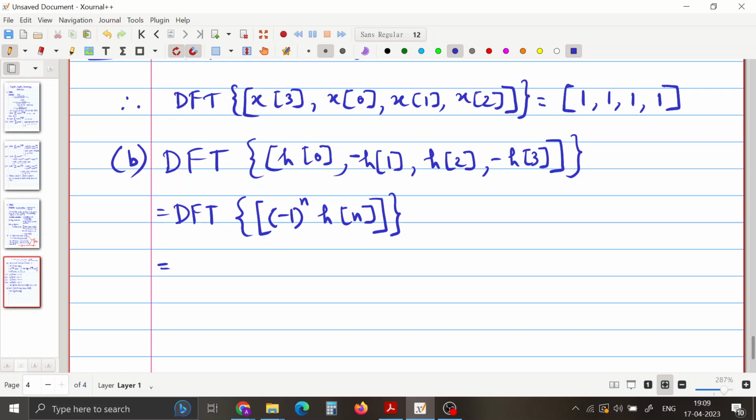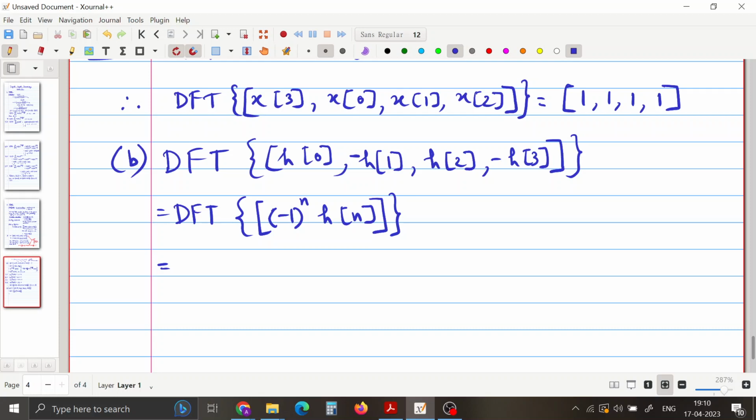If you cleverly manipulate this term minus 1 to the power n and express it in some form of complex exponential, then you can go ahead and use the properties of DFT. Because remember, at the end of the day we are asked to use the properties of DFT to find the DFT of the given sequence. We need to use some properties, and here it involves multiplication by minus 1 to the power n in front of the sequence.